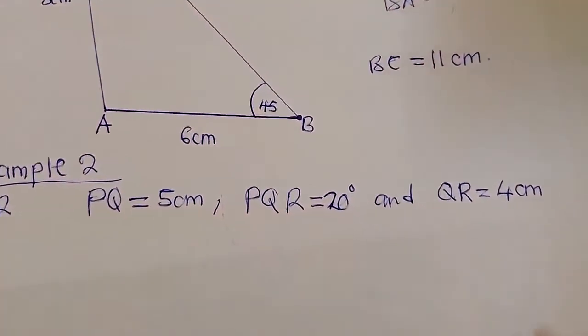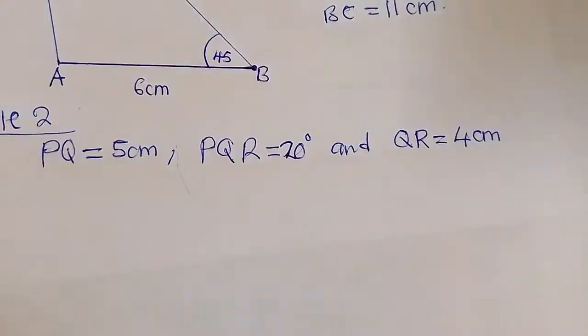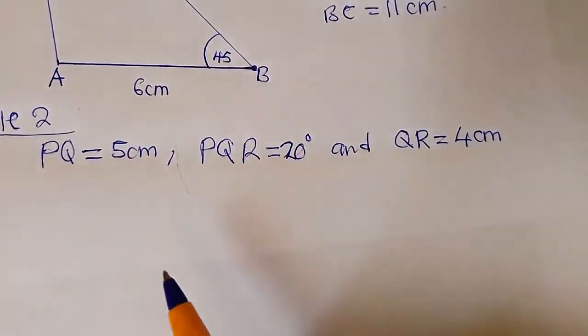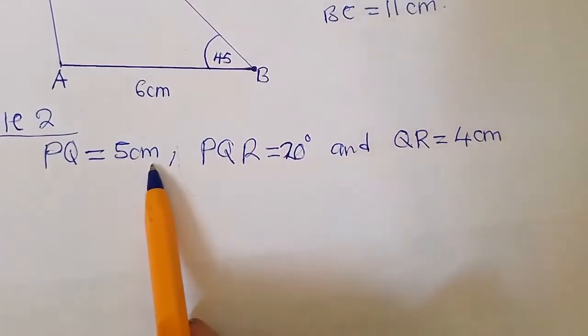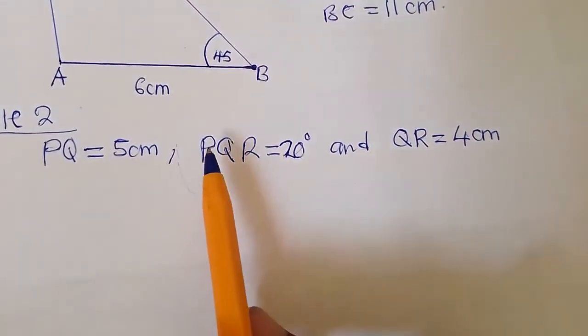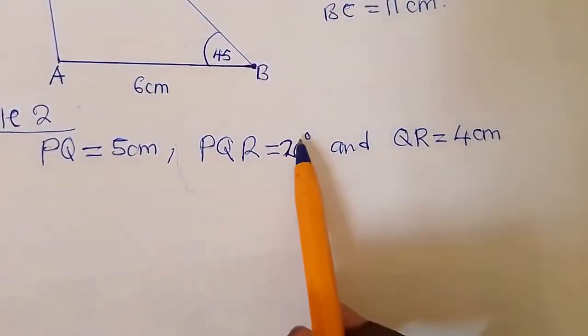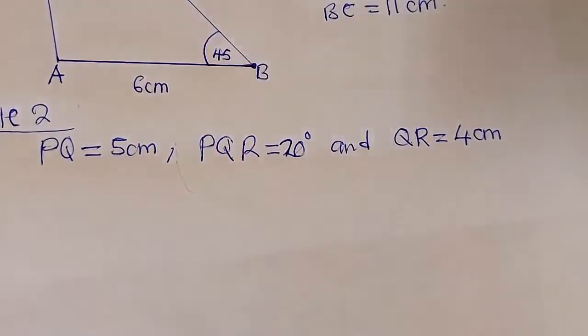This is the question that you are given here. You are taught to construct a triangle such that PQ is equal to 5 centimeters and PQR is equal to 20 degrees and QR is equal to 4 centimeters.